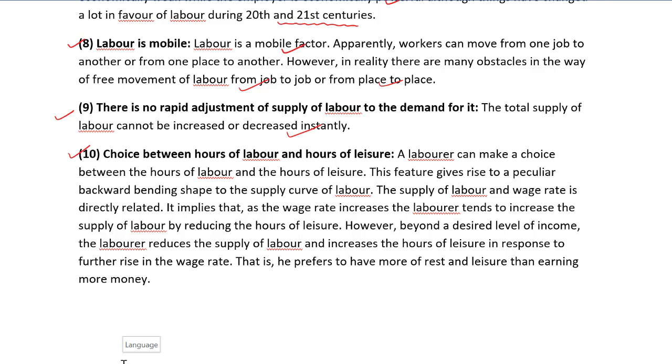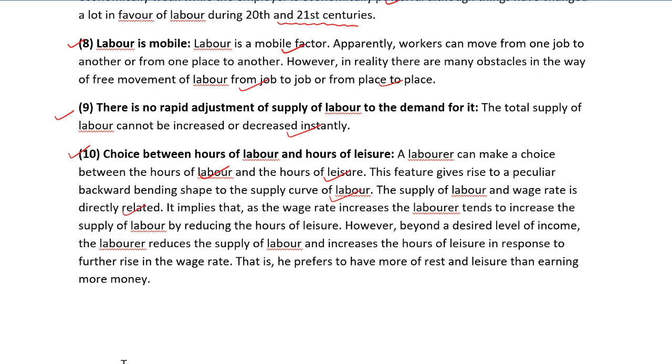Next, the choice between hours of labor and hours of leisure. Students, what happens when we increase the wages of labor? Generally, they choose to have more leisure time. A laborer can make a choice between the hours of labor and hours of leisure. This feature gives rise to a peculiar backward-bending shape to the supply curve of labor. The supply of labor and the wage are directly related.